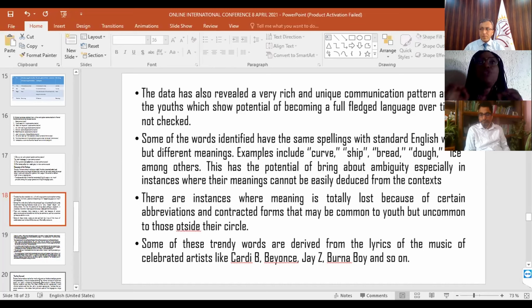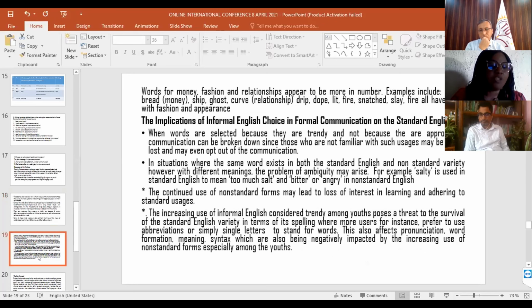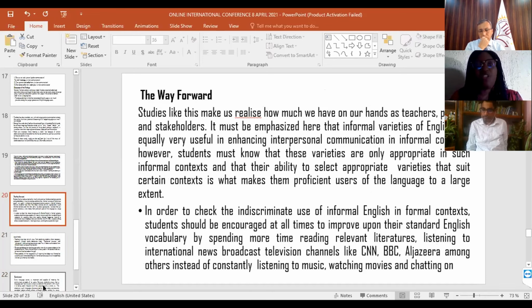And we should not shy away from penalizing students if the need arises, where marks can even be deducted under mechanical accuracy if someone uses abbreviations or some of these spellings that are not in conformity with the standard English spellings. We can circle them and then deduct marks accordingly. And I want to believe that with time, such students would desist from such usages, particularly in formal context.